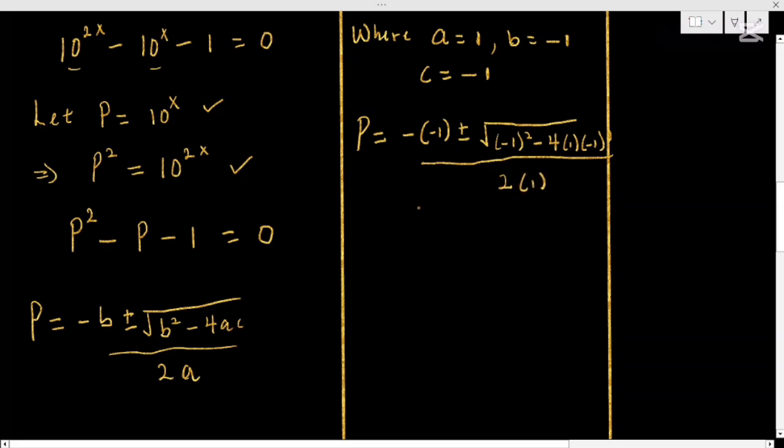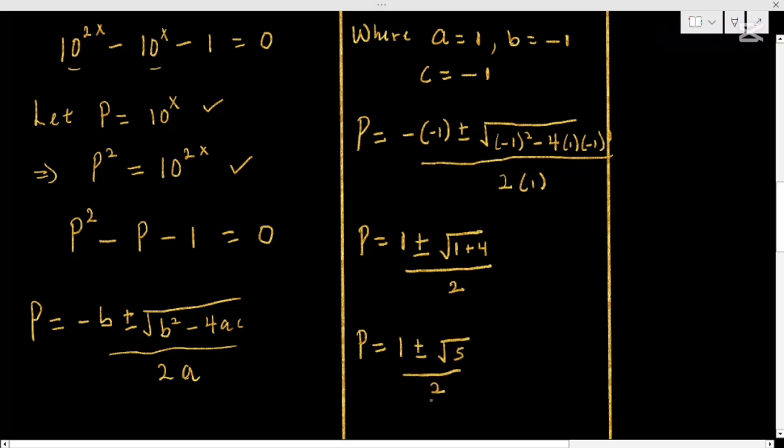And when we simplify this correctly, we have P equals minus times minus is 1, plus or minus the square root of 1 plus 4, over 2. And when we simplify, we have P equal to 1 plus or minus the square root of 5 over 2.